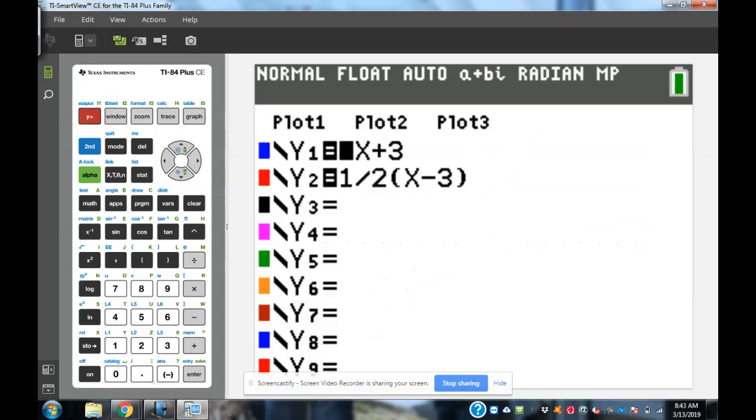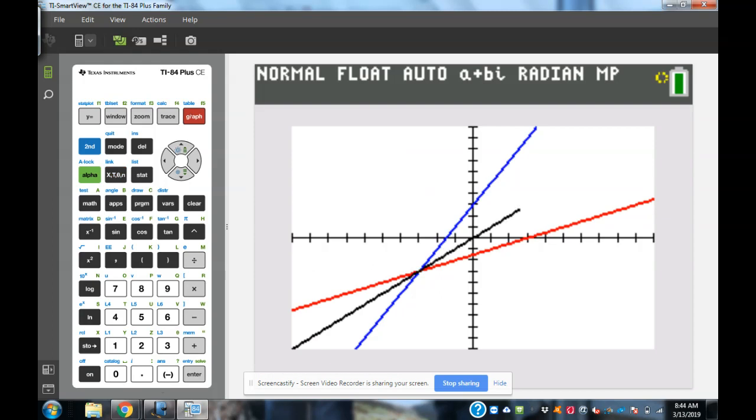I'm gonna hit Y equals, and on Y3, I'm gonna graph Y equals X. That's slightly more eventful. Because where's that at? Right through the middle of them, right? That if you took this blue and reflected it across the Y equals X line, it would land right on top of the red one. Okay, so inverses.